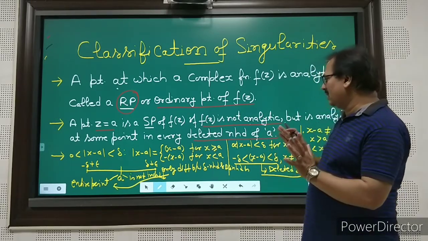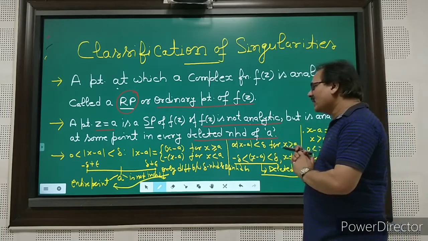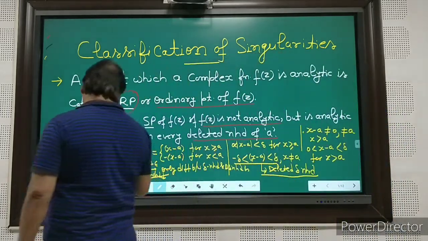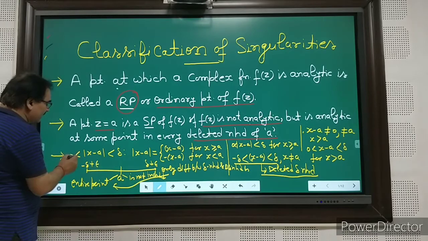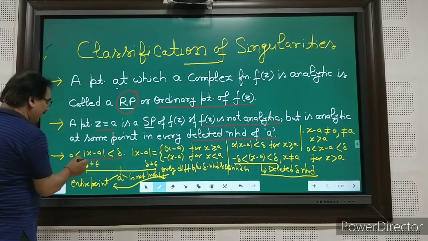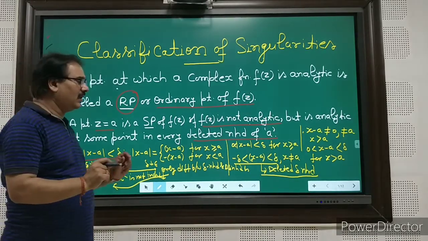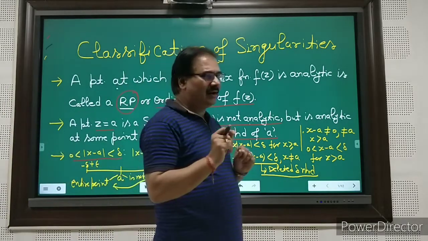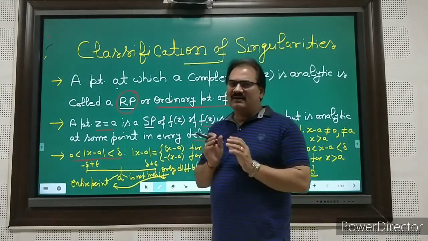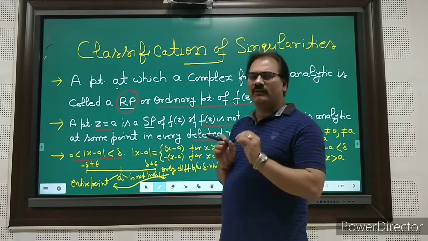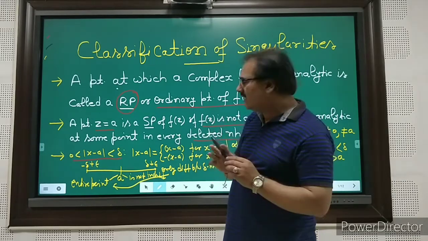You may consider the inequality 0 less than mod of x minus a less than del. In mathematics, whenever we use this small del, it means the quantity is very close to 0, very small but not exactly 0.